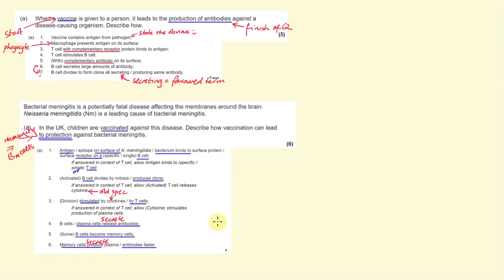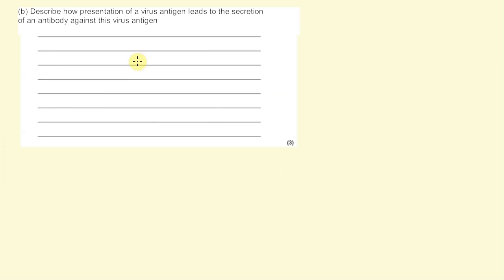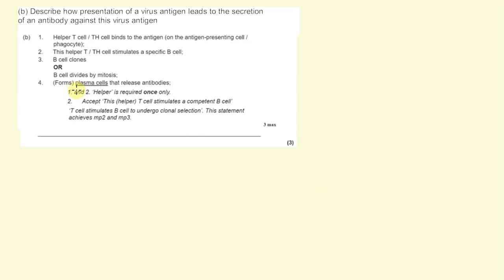Finally, here's a question that's about how a presentation of a viral antigen leads to the secretion of antibodies. Again, a slightly different question because the presentation of a viral antigen means you're talking about the antigen presenting cell as being the start of the answer. So therefore this answer only involves mark points 3, 4, 6 and 7 from the second question I covered at 17 minutes 10 seconds on the video.